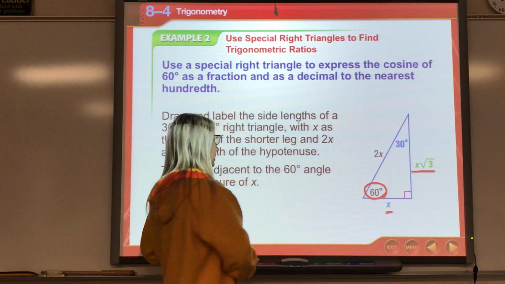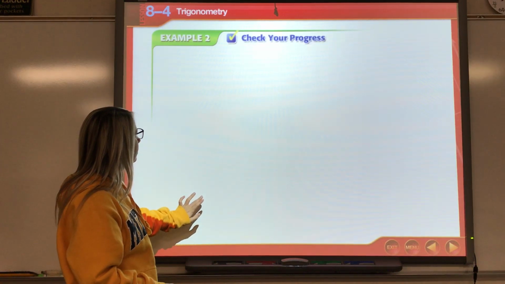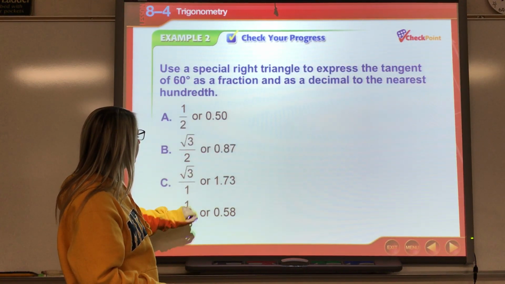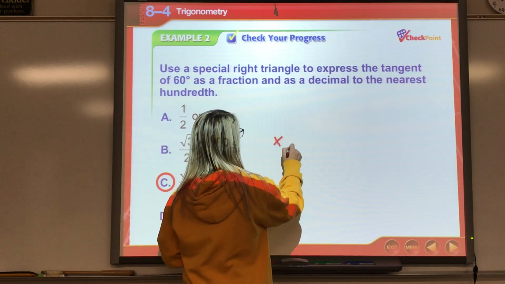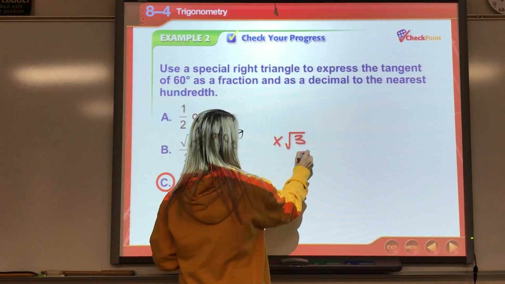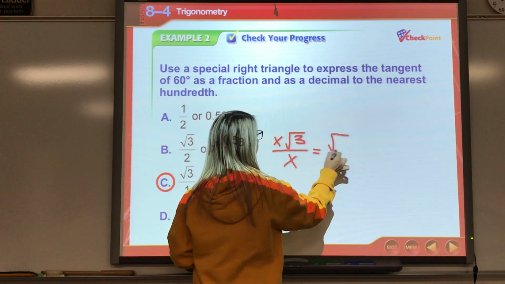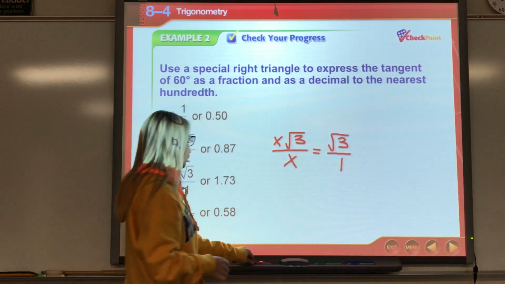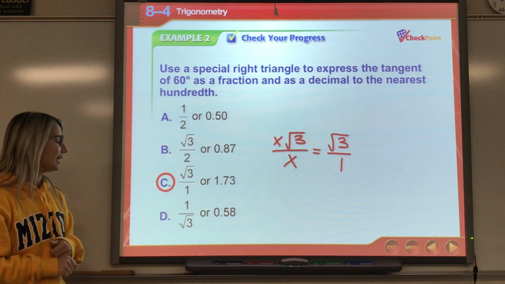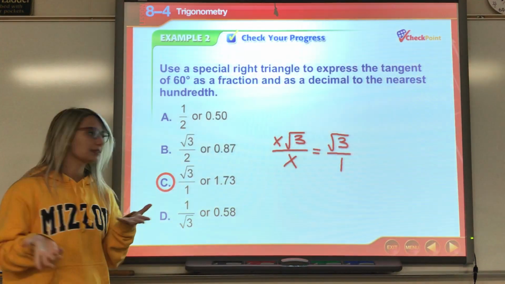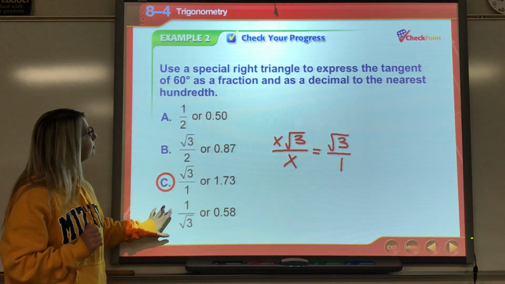So if we go back to the next page, we should be finding that x root 3 over x simplifies down to root 3 over 1, because those x's cancel each other out, so we should be getting root 3. And when we find the decimal, we get about 1.73.